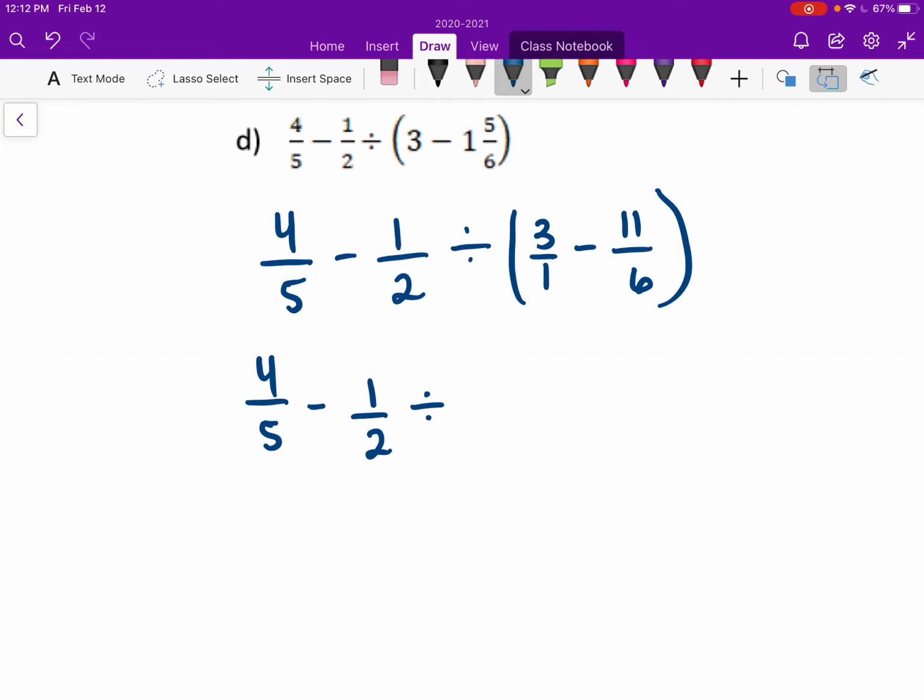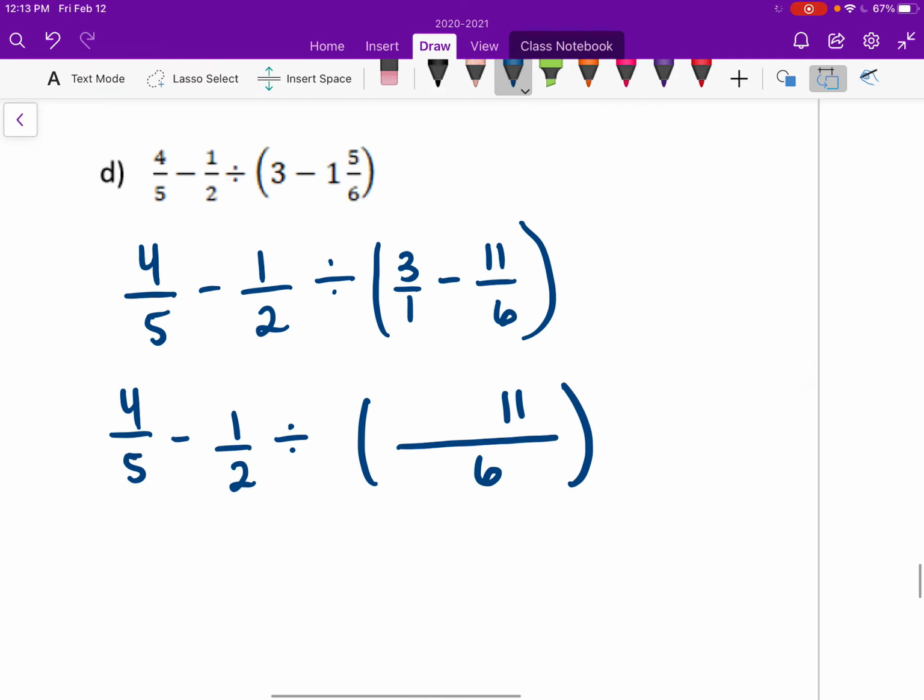Right, in order to add and subtract fractions, we need to make sure they have a common multiple. So I'm going to make everything over 6. So I'm going to leave the 11 as is. This is just another way of writing 11 over 6, right? And changing the 3 over 1 to over 6. So 3 times 6 is going to be 18, right?